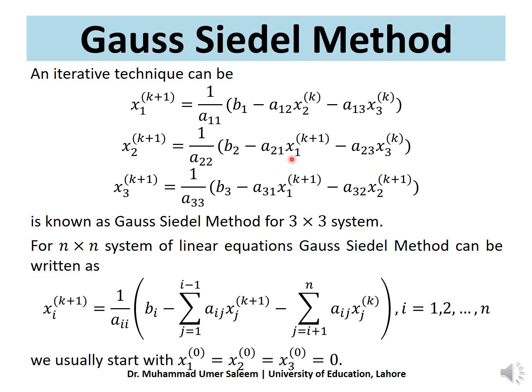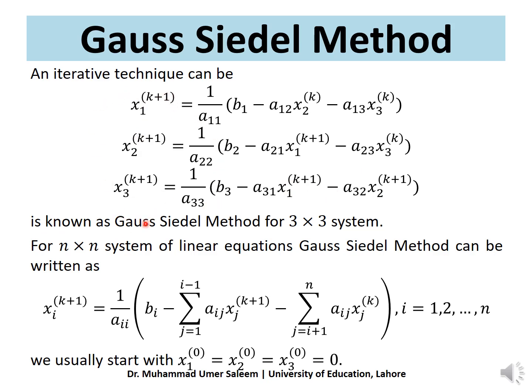This x1 has already been calculated, so we use the updated value for x1 and the previous approximation for x3. Now in the third equation we need x1 and x2, both of which have been calculated, so we use the updated values of x1 and x2. This iterative scheme is known as the Gauss-Seidel method.